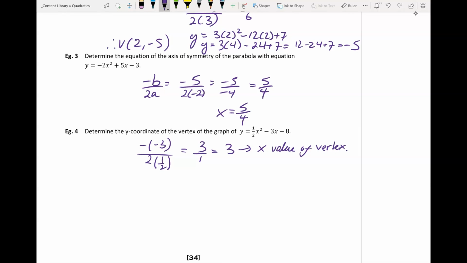Then we're going to plug it into our y. So we have a half times 3 squared minus 3 times 3 minus 8. This is just the equation that was given to us in the beginning. Now I'm just plugging the x equals 3 in there so that we can find the corresponding y value. So 3 squared is 9. 3 times 3 is 9.